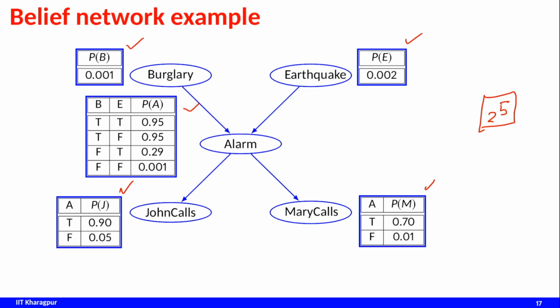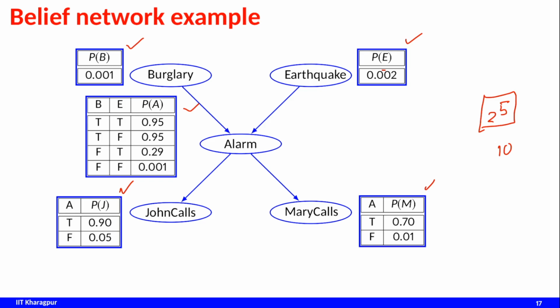Now if you look into this one, then we have just used 1, 2, 4, 6 and another 4. So we use only 10 rows to represent the actual fact. So if you can represent the system in a belief network, then it can save a significant amount of space, and we can represent the actual behavior in a succinct manner, and it is very compact.